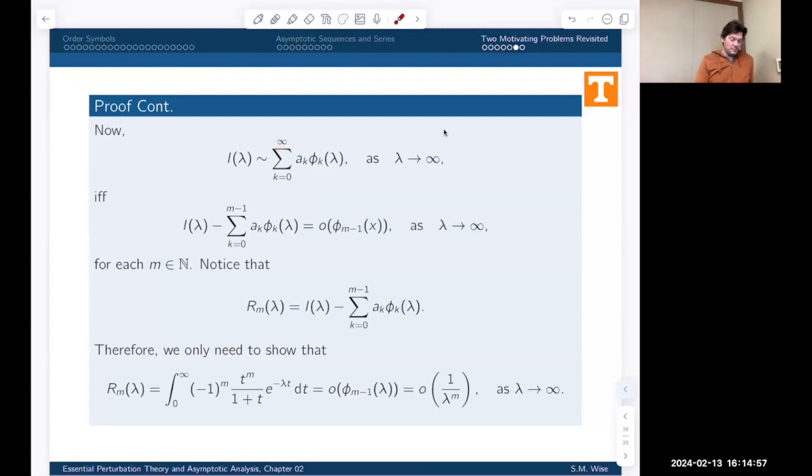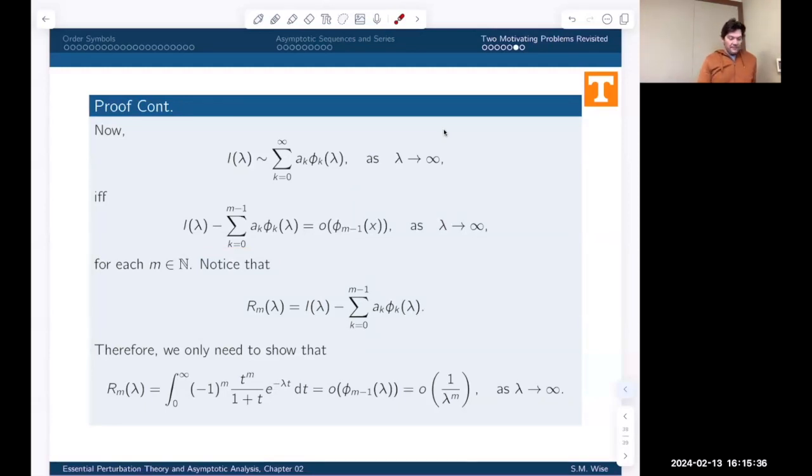What we have to show is that the difference between the thing we want, I, and the partial sum up to order m minus 1 should be little o of phi m minus 1 as lambda goes to infinity. This is exactly how this is defined. So we're just using the definition.